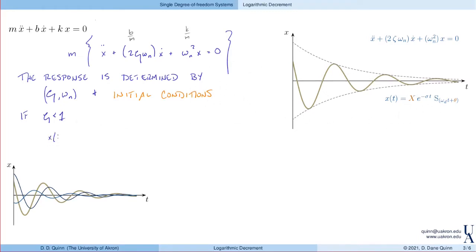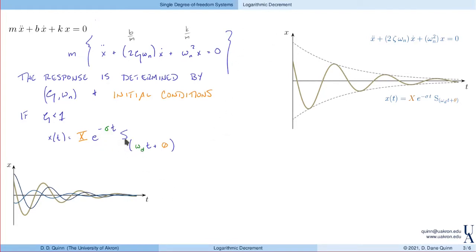So x of t is an amplitude which depends on initial conditions, e to the minus sigma times t, where sigma is the decay rate, and then sine of omega d, which is the damped natural frequency, and finally the phase shift, which again depends on initial conditions.